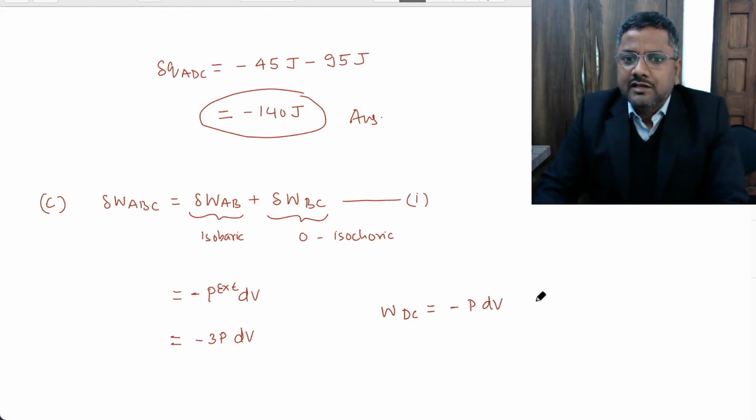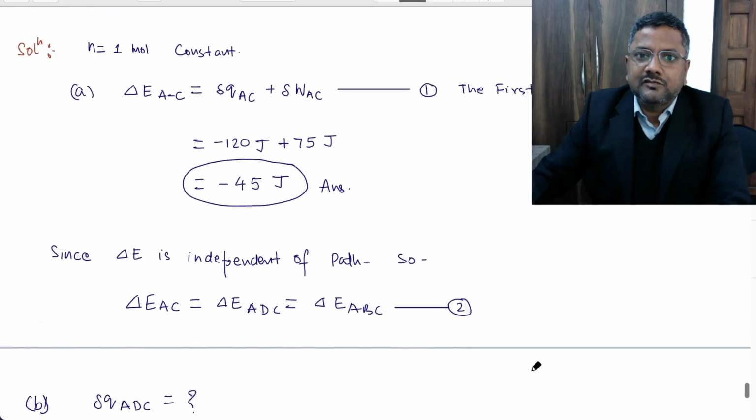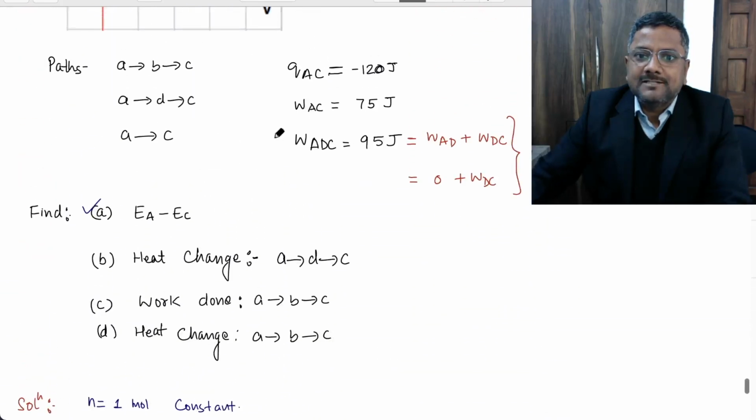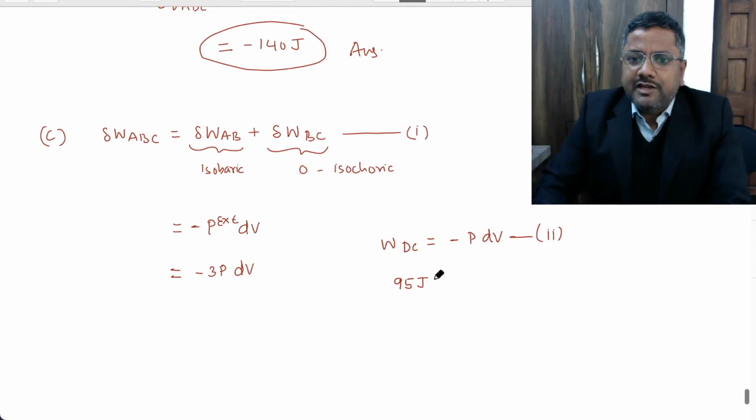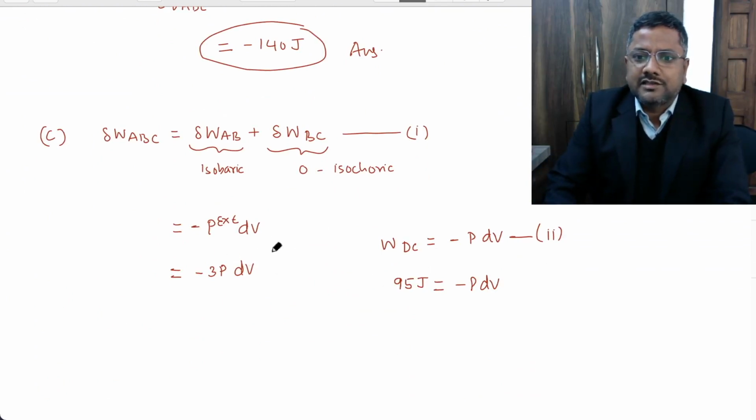So it is given, this is our equation 2, and WDC is given, that is 95 joules, because WADC is equal to basically WDC. So you can write here minus PdV is equal to 95 joules.